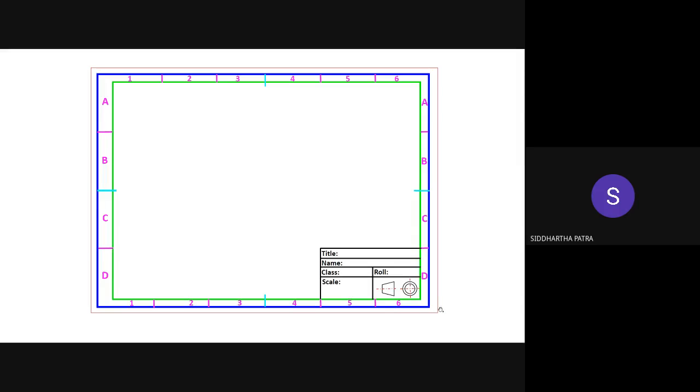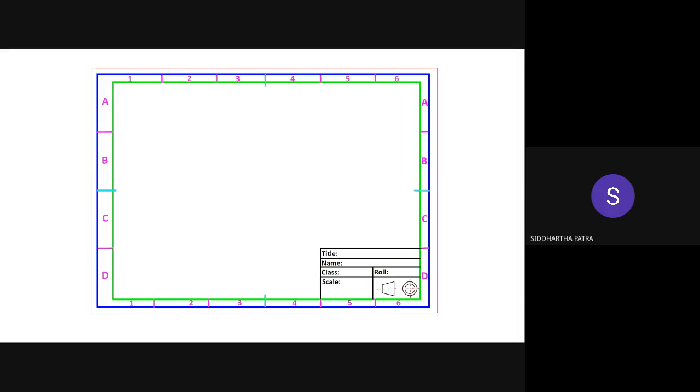Okay. Now about the scale. You can use different scales depending on your paper size and the size of the component that you are drawing. It doesn't always have to be 1:1. If you're using a smaller paper size, for example A2 or A3 or A4, my suggestion would be don't use A4, use either A2 or A3.